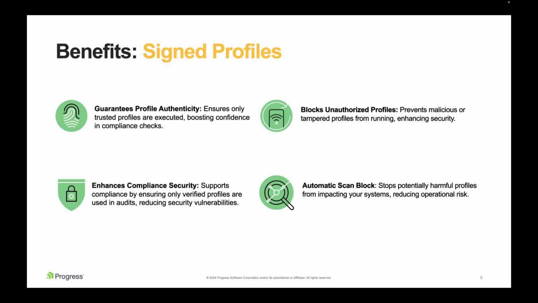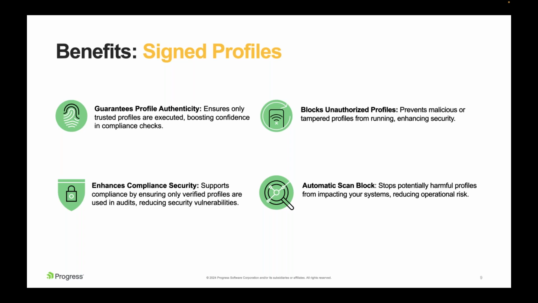Unauthorized profiles are blocked from execution, protecting infrastructure from potential threats. And this adds a reliable layer of security to compliance operations. Additionally, compliance security is strengthened by verifying that only authorized profiles are used in the audits.